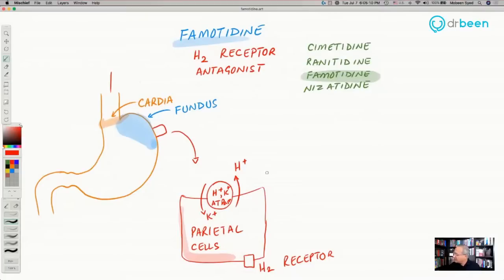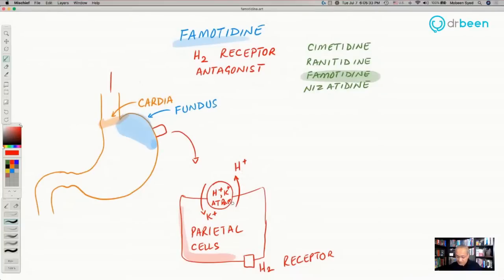Here is a high-level structure of the parietal cell. It has H2 receptors on it, or histamine receptors type 2. Those receptors trigger the cells to produce hydrogen ions.